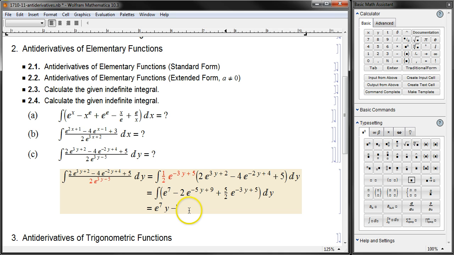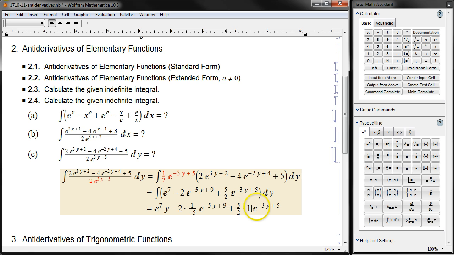And then minus 2 was there before. Exponential stays the same as always, but I need 1 over a. Then 5/2. Exponential stays the same, but I need 1 over a.